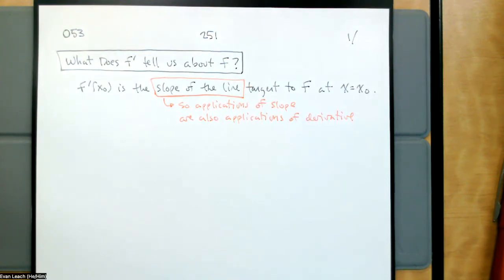So that means it makes sense for us to talk about what the slope represents. Anytime we were talking about slope in the past, it's now something that we can talk about with the derivative. The same thing happens when we get to integration. Integration is just multiplication, but one of the factors is continuously variable.